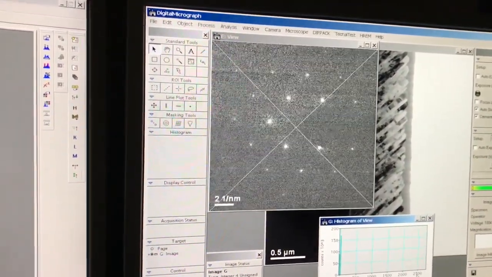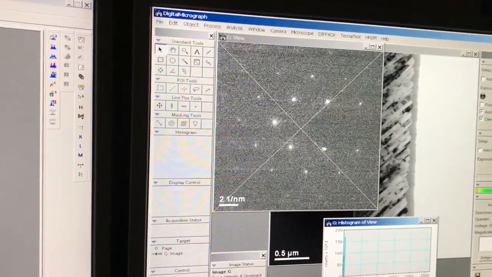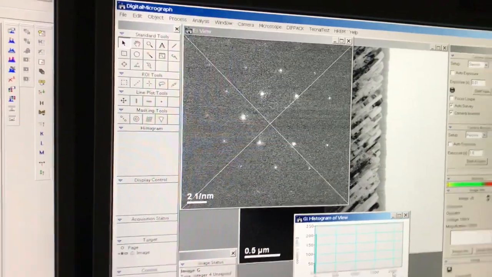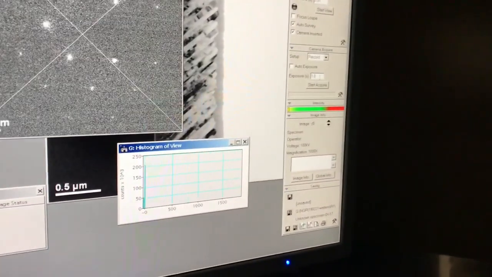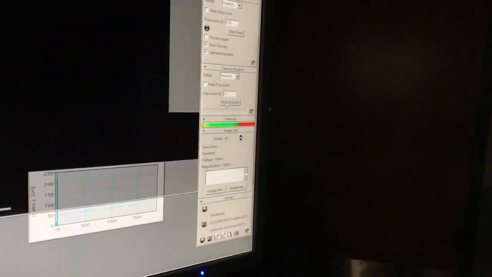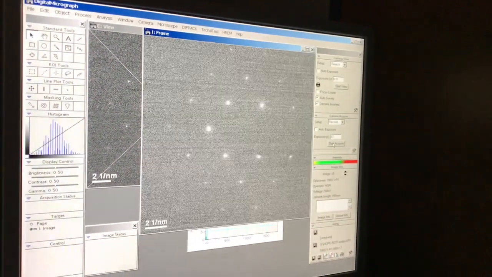Okay, so now the question is, we want to do an acquire. What kind of acquire do we need to do? Well, we do a test exposure. So I'm going to come back here to camera acquire, and I'm going to just do 0.1 seconds, which probably isn't going to give me something that looks very good.